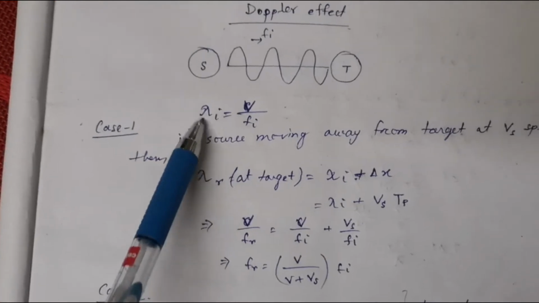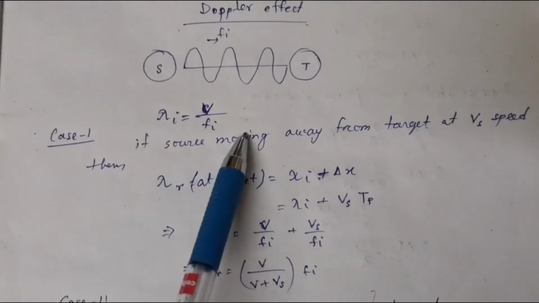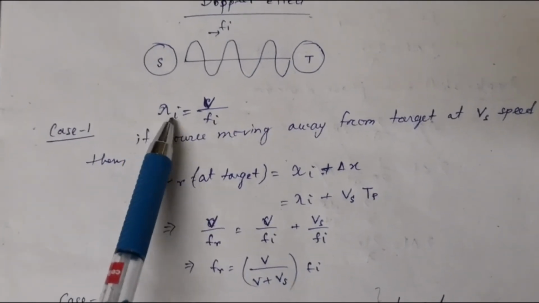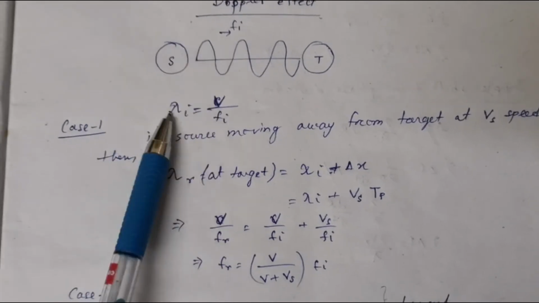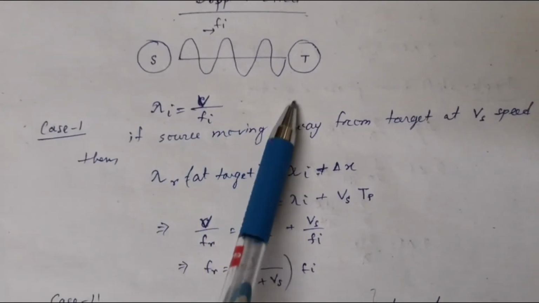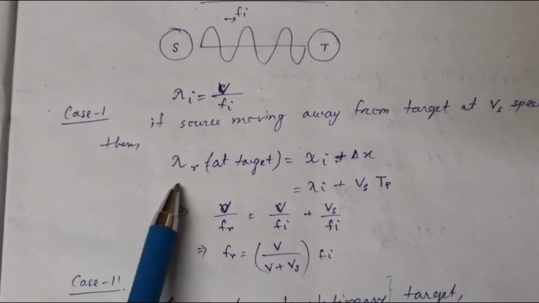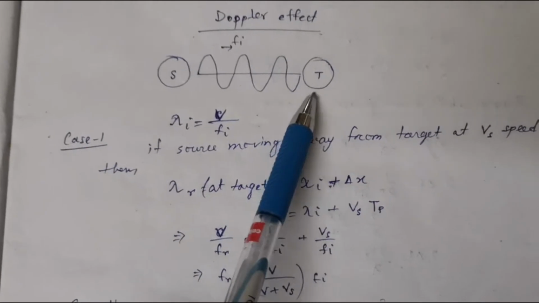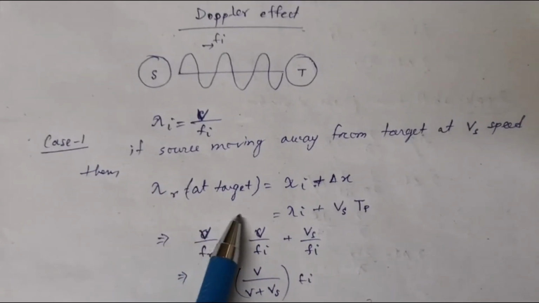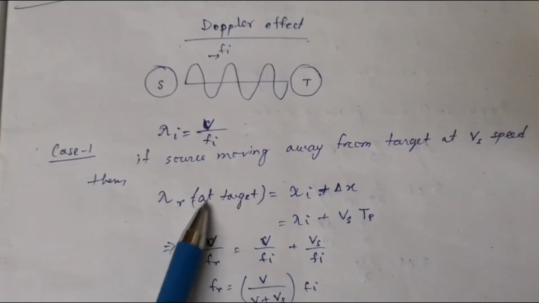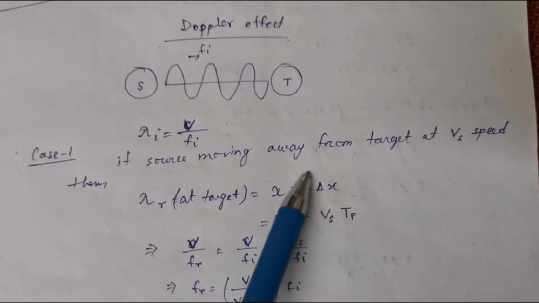We know that for any signal, in one time period, the signal will travel one wavelength, that is lambda i. If we consider the distance traveled by the signal in one time period when the source is moving with some velocity, suppose this is lambda r, the wavelength of the received signal seen by the target, then lambda r equals lambda i plus delta x.